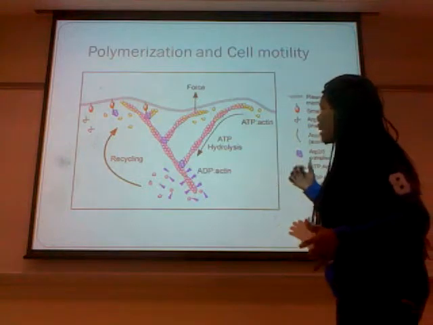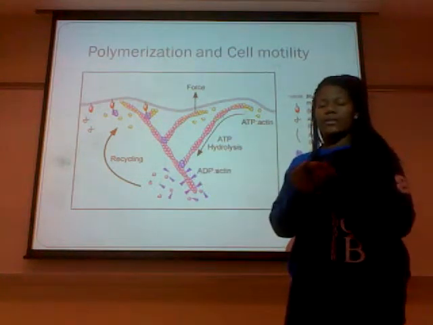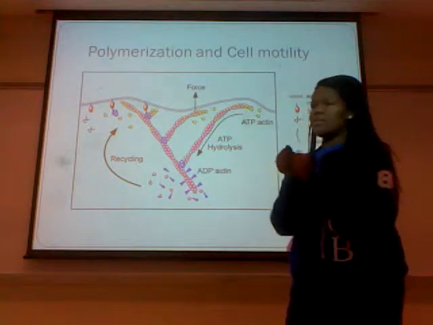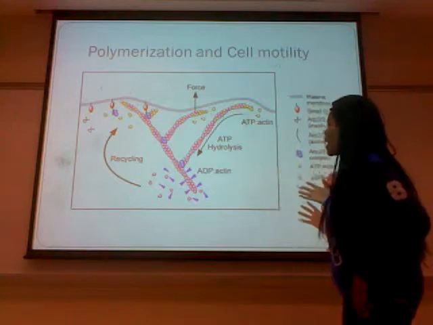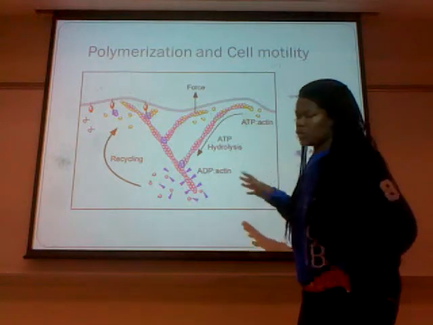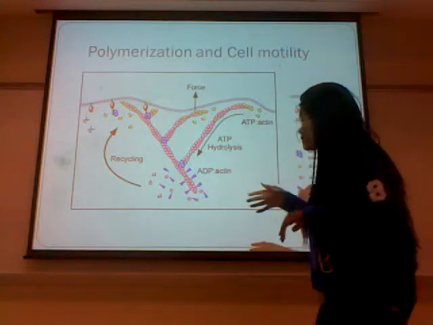When ATP hydrolysis comes into action, when the F-actin binds to another F-actin, it cleaves ATP, releasing ADP plus the Pi, causing a conformation change in that filament.